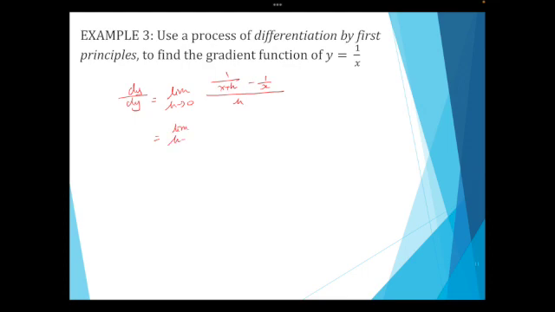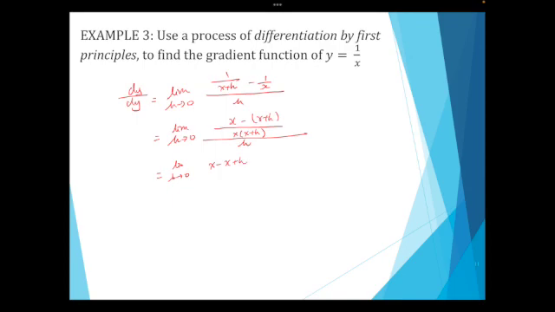Alright, what we need to do is bring the numerator to the same denominator, x(x plus h), which is (x minus (x plus h)) divided by h, and limit h approaches 0.